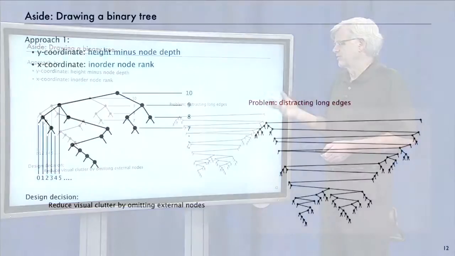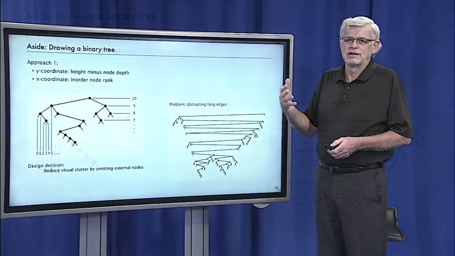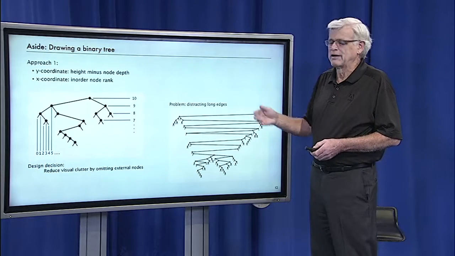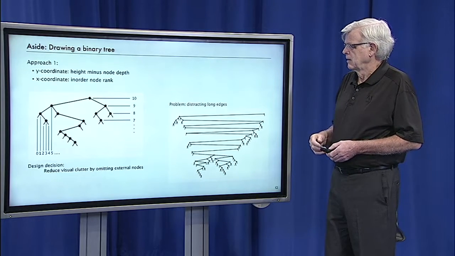Just as an aside, at this point it's worth thinking about the idea of an algorithm for drawing binary trees. And I want to show that because I'm going to be showing a lot of binary trees. And the exercise of writing a program for drawing binary trees is a worthwhile exercise for everyone to do.